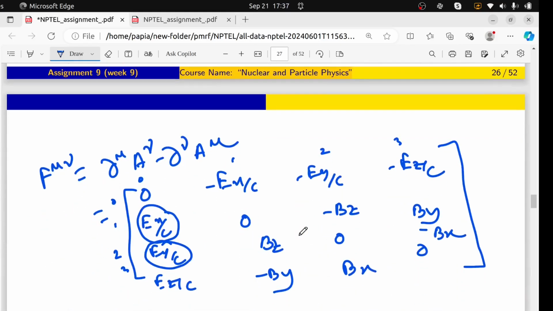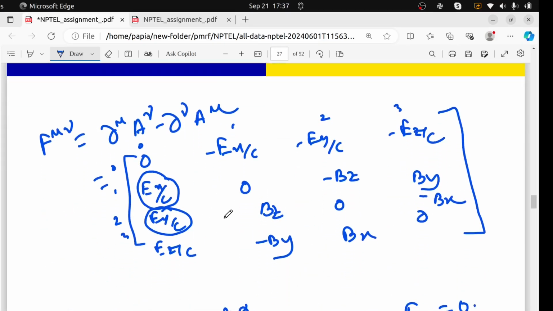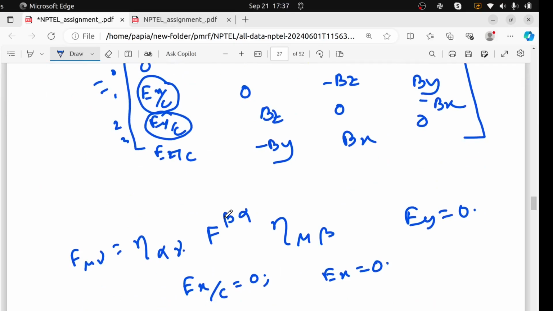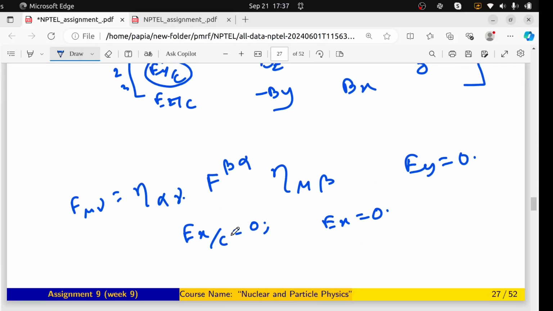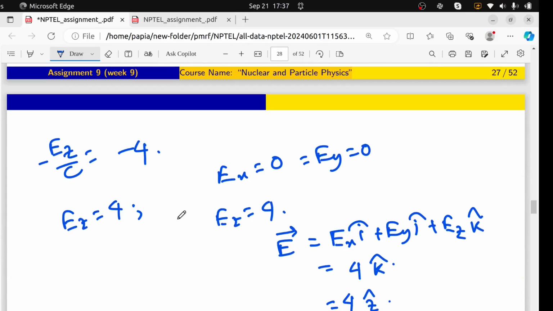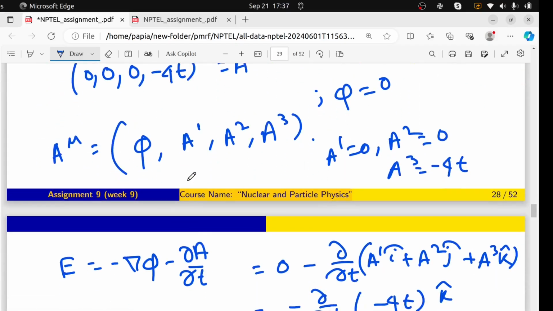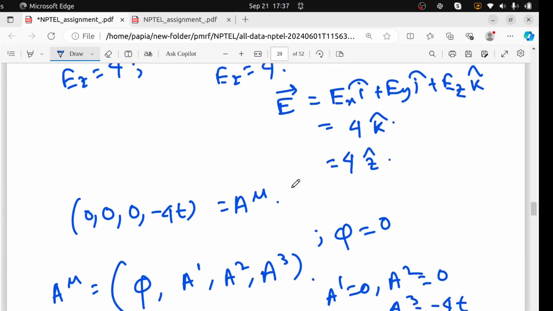How did we do that? We just wrote the F mu nu tensor matrix, then wrote the Ex, Ey, Ez values. The E vector we have already mentioned is 4 Z cap.